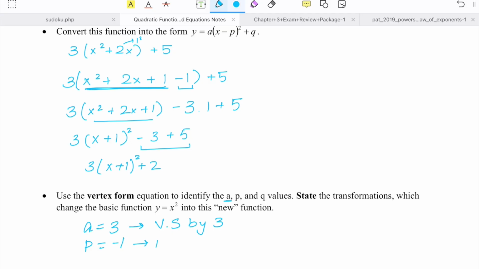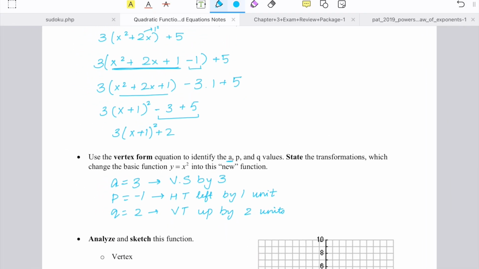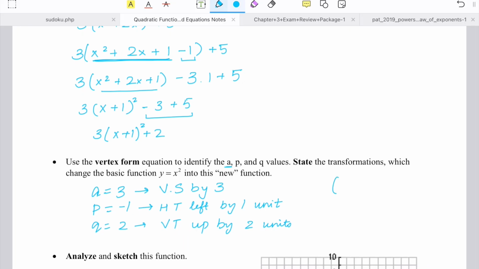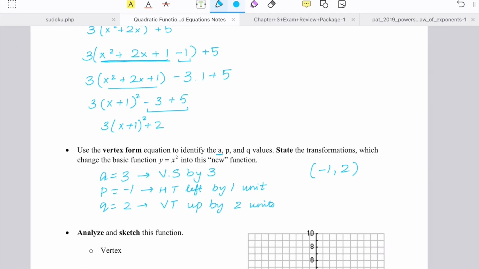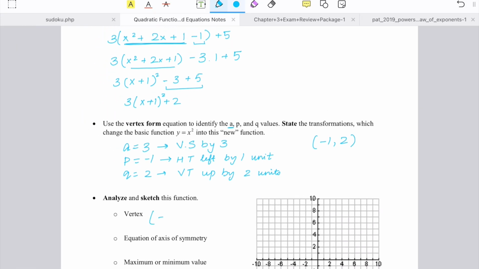So that means we have a horizontal translation left by 1 unit. And then we have our q, which is 2. Vertical translation up or down? Up by 2 units. Okay, make sense? Our vertex is negative 1, 2.